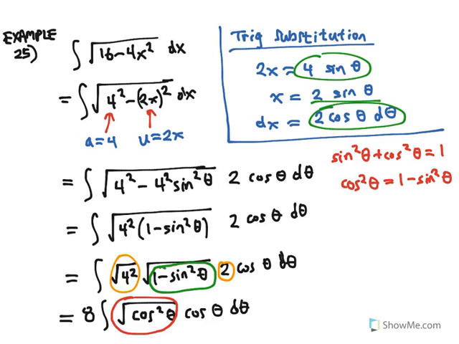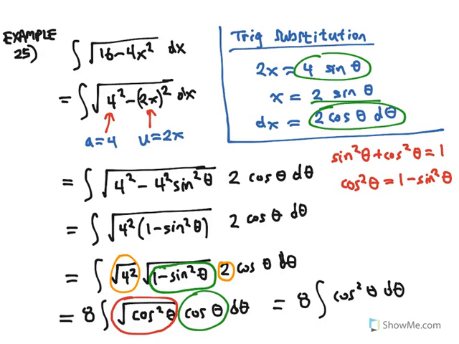So the square root of cosine squared will give us cosine theta. So the quantity that I circled in red becomes cosine theta. And when you multiply cosine theta with cosine theta, you'll get cosine squared theta. So that leaves us with 8 times the indefinite integral of cosine squared theta d theta.